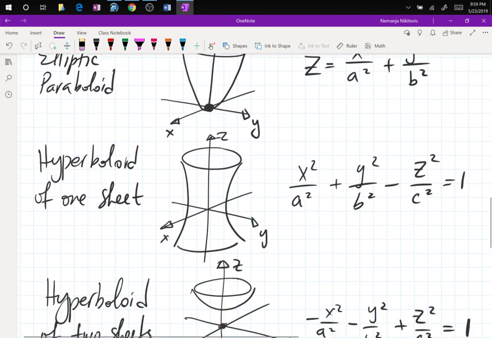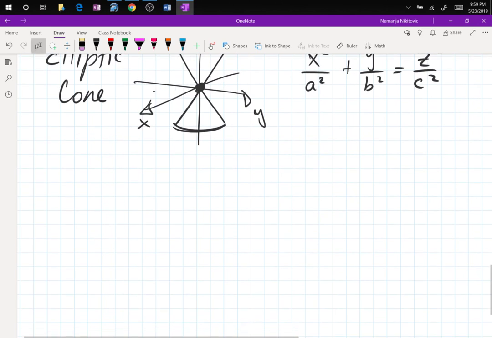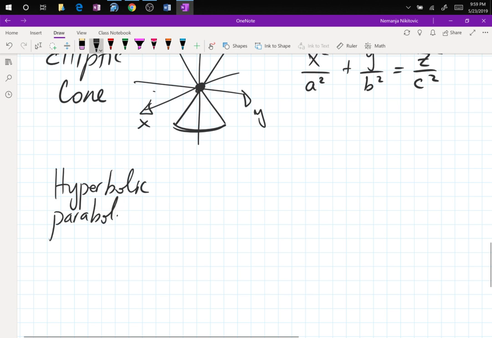So those are the first 5, and now the grand finale. Hyperbolic paraboloid, also known as a saddle. Have you ever seen a horse saddle? It's a hyperbolic paraboloid. That's what it is.